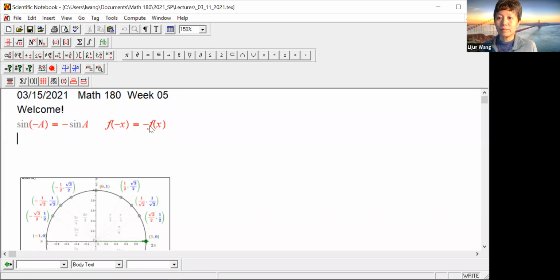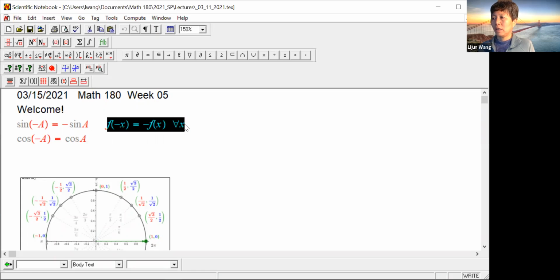That's the definition, for all x, using some shorthand notation. And cosine is even: you basically write cosine of negative x equals cosine of x.